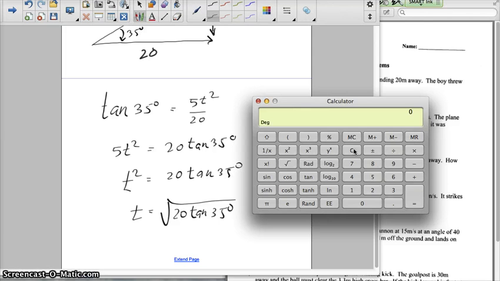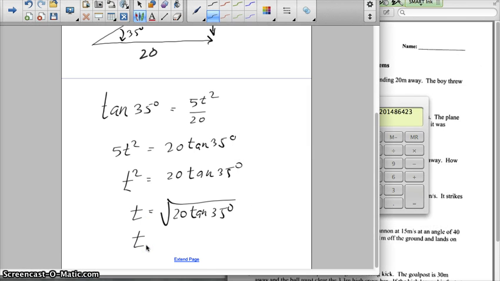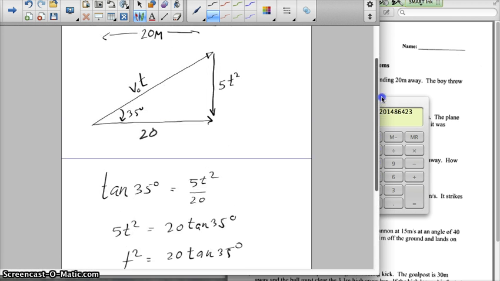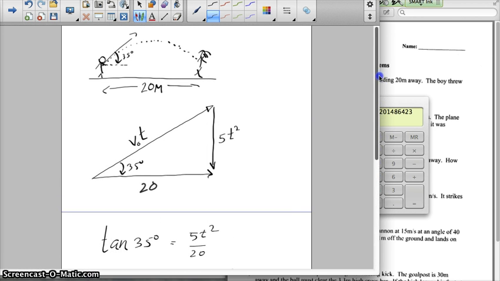So 35 degrees tangent times 20 gives me that. Now if I take the square root, it looks like t is 3.7 seconds. Okay, so that's the time for the projectile to actually hit the girl.